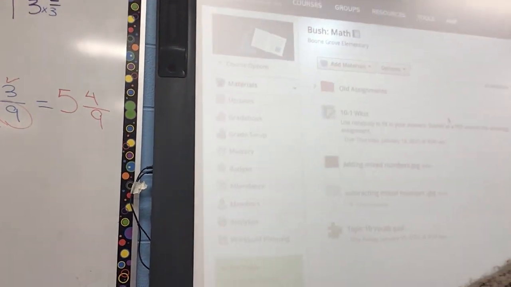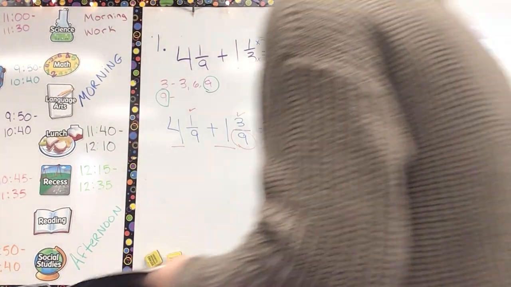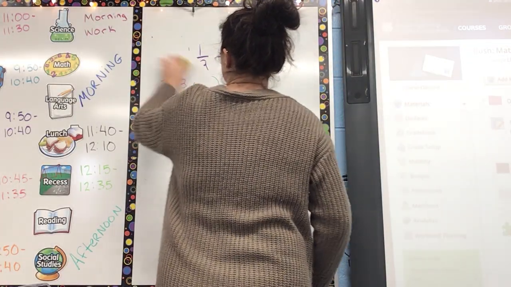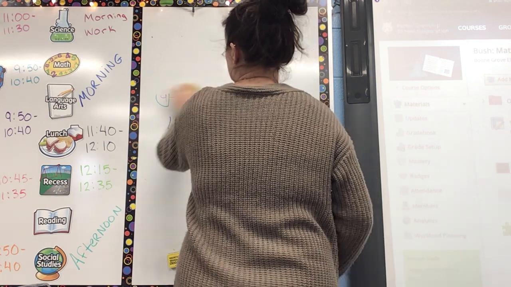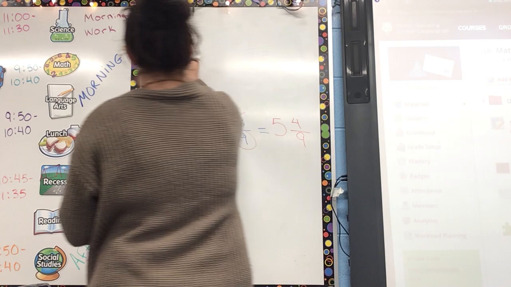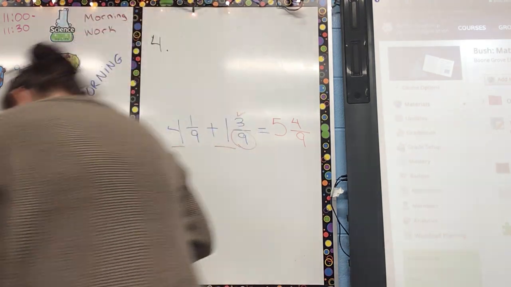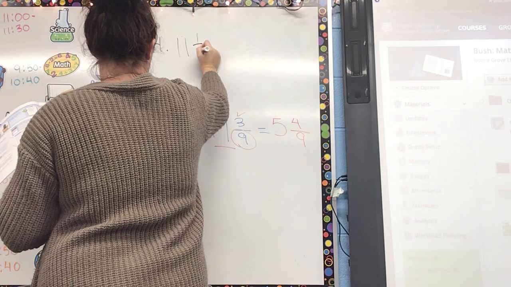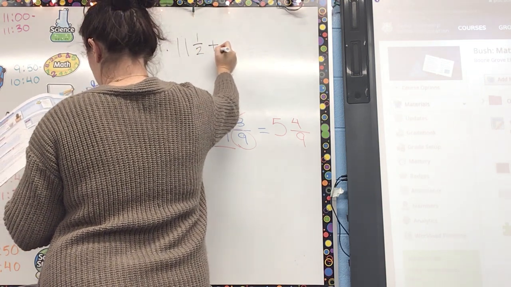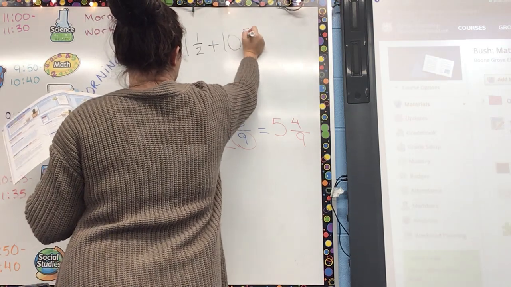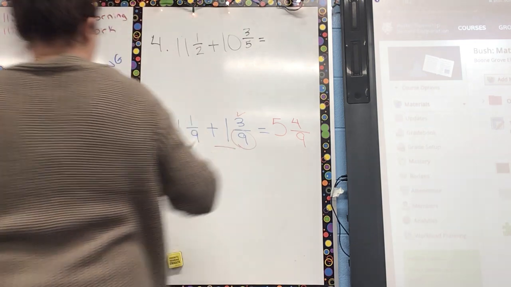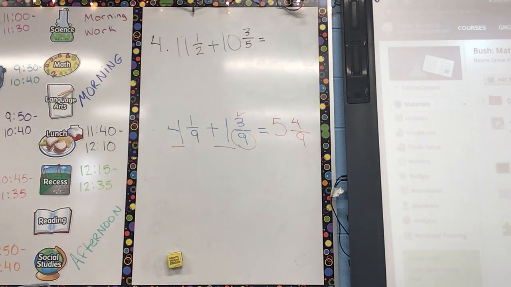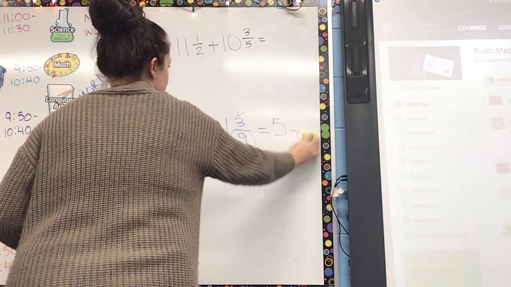All right, here we go. You guys are up. It's your turn. All right. Number 4. 11 and 1/2 plus 10 and 3/5.